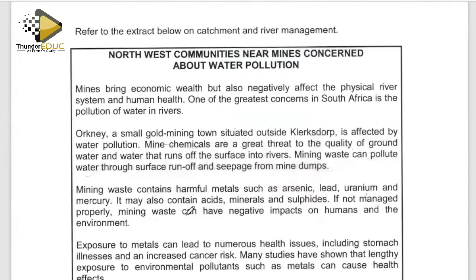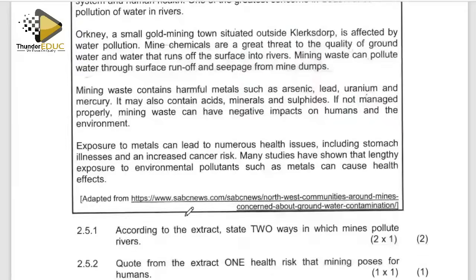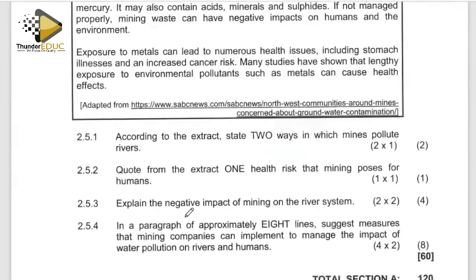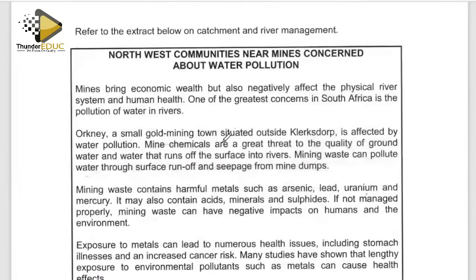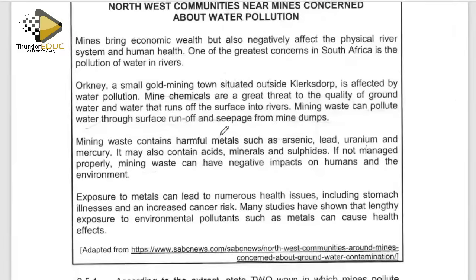It is talking about Northwest communities near mines concerned about water pollution. Right. According to the extract, state two ways in which mines pollute rivers. We just need to go to the extract and check ways through which mines pollute rivers. It's talking about mine chemicals being a great threat to the quality of ground water and water that runs off the surface into rivers.